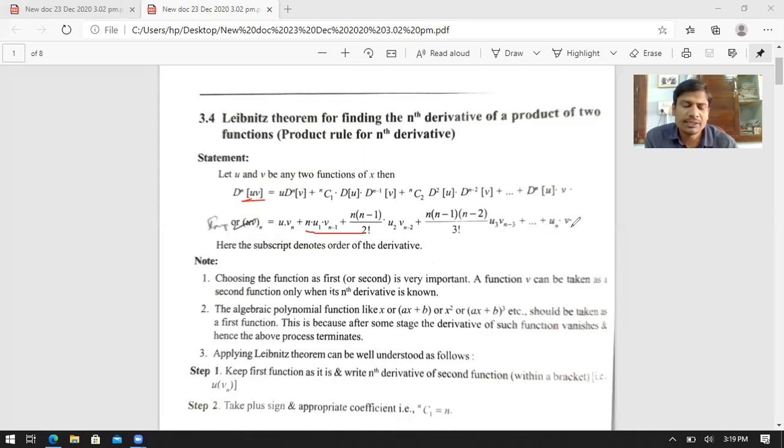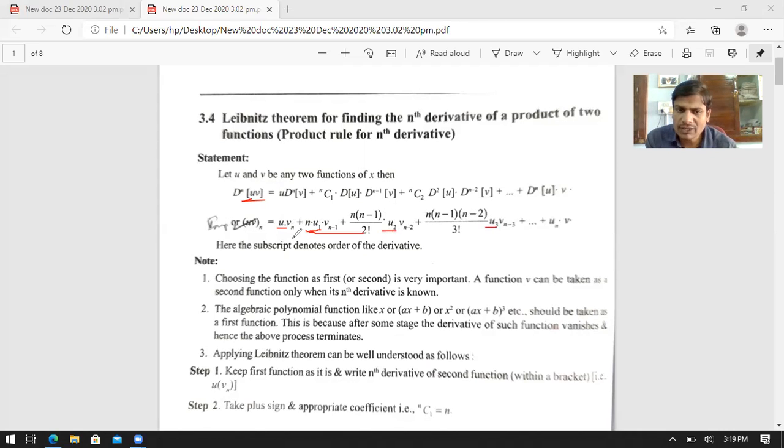Remember this, it is important. Don't forget this formula. Once again, u into v_n. Here u is there, next u1, next u2, the next one u3. Observe this.